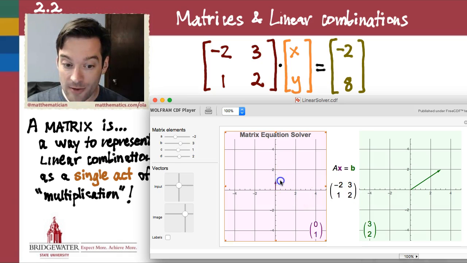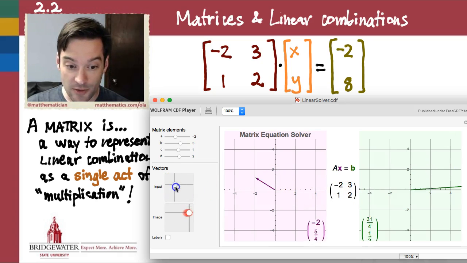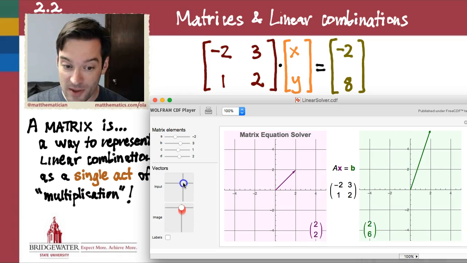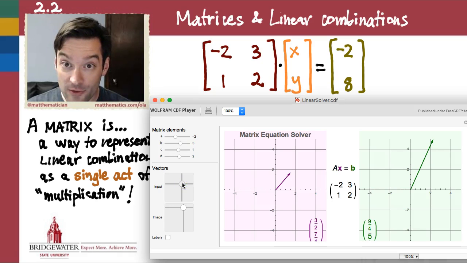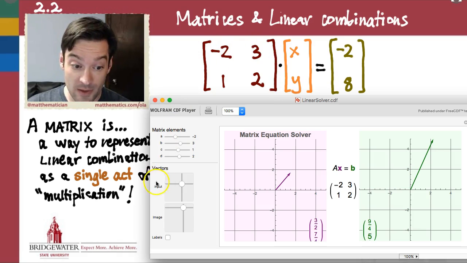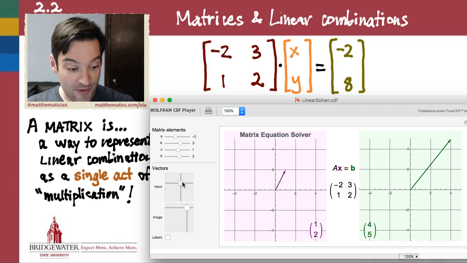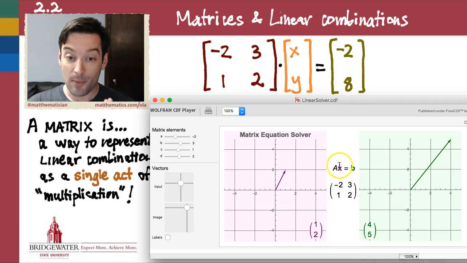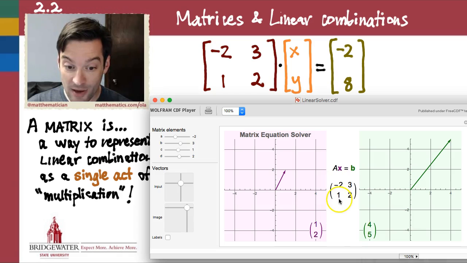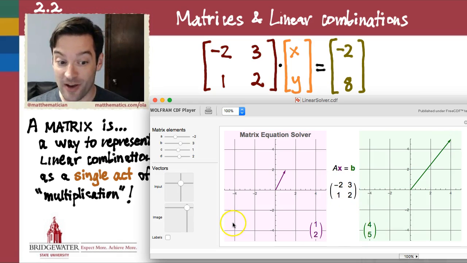But any other vector that I choose in my domain is going to give me possibly some other vector in my range, and all of those vectors are linear combinations of those two columns. The weights of those linear combinations are exactly given by the entries in that vector. So for example, if I take the vector 1, 2 in the domain and multiply by the matrix A, I'm going to get a vector in the range which is one copy of the first column added to two copies of the second column vector. In this case, that gives me 4, 5.